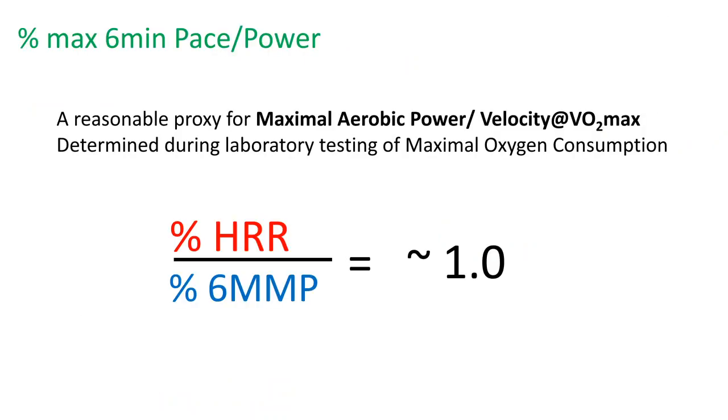And then I also, after playing a little bit, said about 6-minute power is a good proxy. If I take the maximum power that I can maintain for 6 minutes, or that an athlete can maintain, and use that as a surrogate for maximum aerobic power, it turns out that the ratio of the percentage of heart rate reserve you're at relative to the percentage of your 6-minute power you're at is about 1.